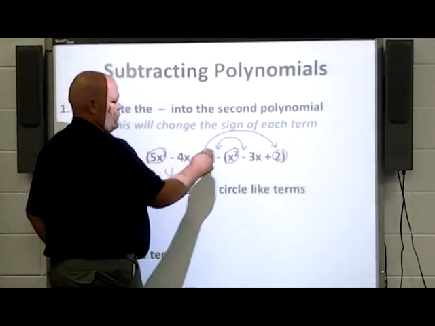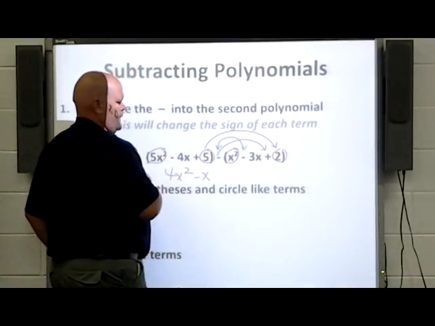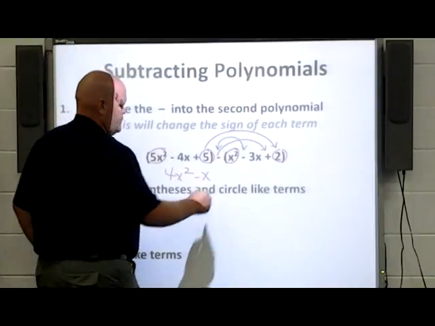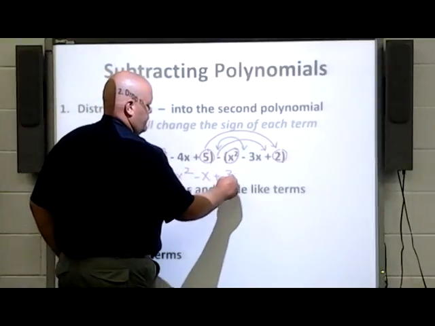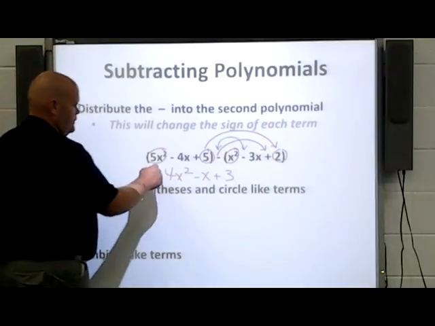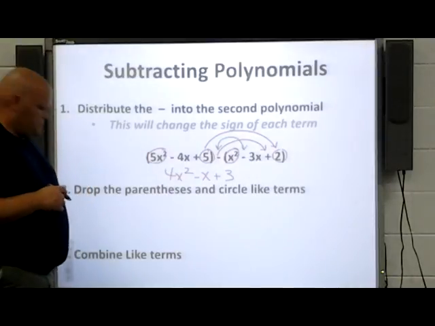Now again, I told you earlier to watch the negative, where the negative applies here, along with this positive, which means this is a negative 2. So I have 5 minus 2, and that's going to leave me with a positive 3. So now I have my expression all simplified out, 4x squared minus x plus 3.